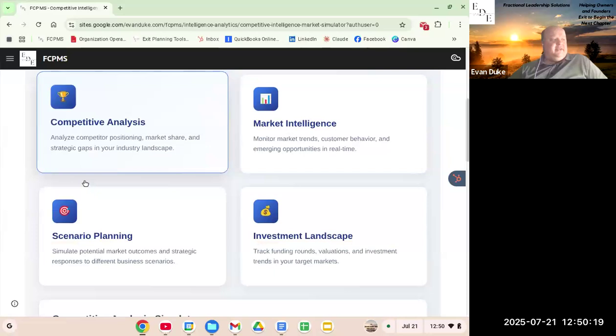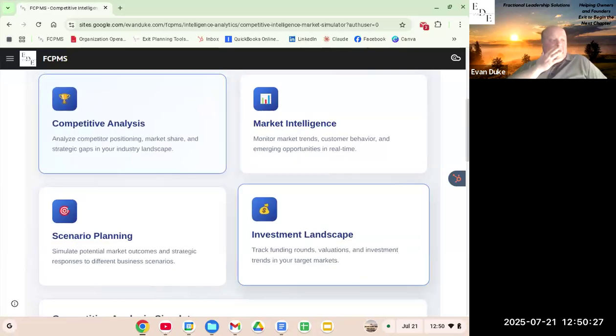And as you can see, scenario planning is basically taking into account the current market and investment landscape, which I can tell you, when it comes to securing funding for businesses, especially with venture capital, these days is definitely not great, just because of the fact that exits are taking a while.